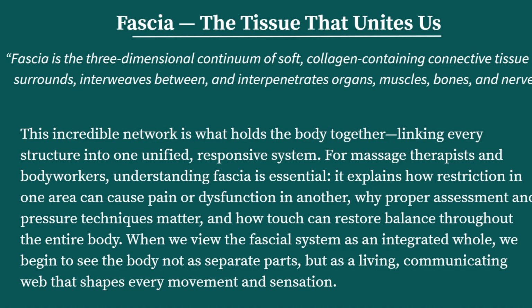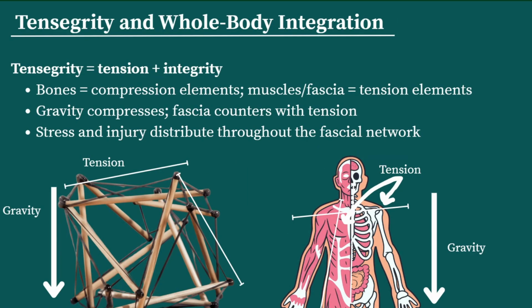It explains how restriction in one area can cause pain or dysfunction in another, why proper assessment and pressure techniques matter, and how touch can restore balance throughout the entire body. When we view the fascial system as an integrated whole, we begin to see the body not as separate parts, but as a living, communicating web that shapes every movement and sensation.